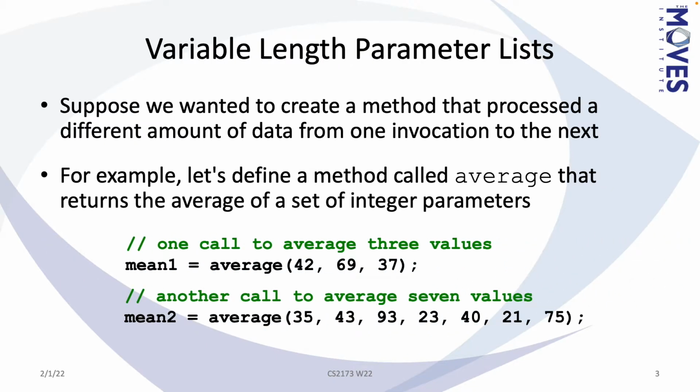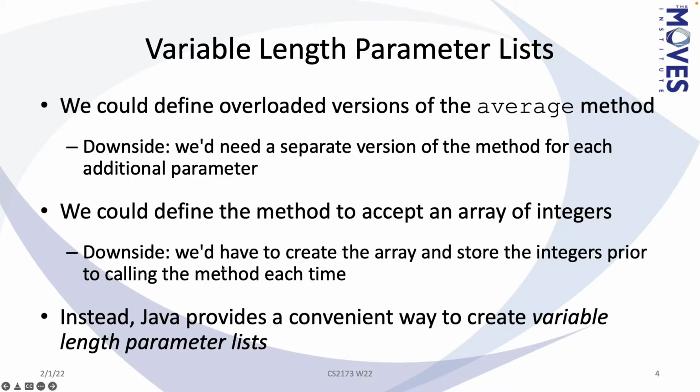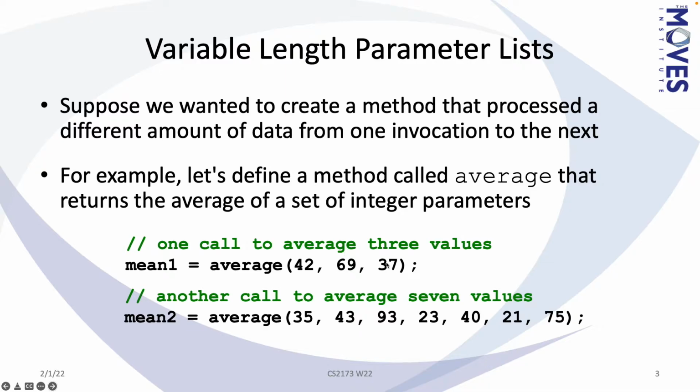Okay, so variable length parameter lists, or sometimes called varargs, are just a matter of convenience. If we didn't have this, let's say we had a method in this case called average that took a bunch of integers and returned the average of them.